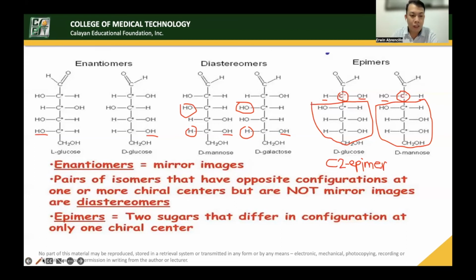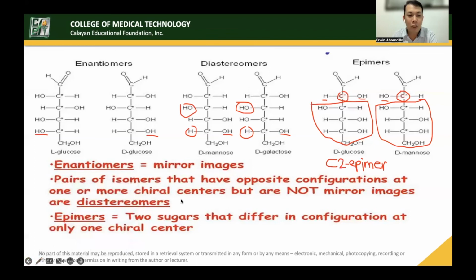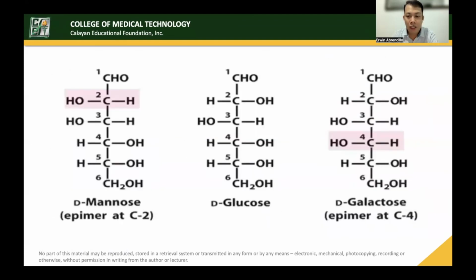So I hope that you are now having an idea how to analyze enantiomers, the stereoisomers, and epimers. So more about epimers. This one shows the glucose structure here at the center. And then you have here D-mannose and D-galactose.